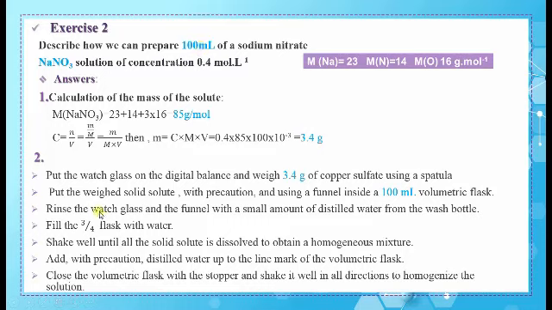Rinse the watch glass and the funnel with a small amount of distilled water from the wash bottle. Fill 3/4 of the flask with water. Shake well until all the solid solute is dissolved to obtain a homogeneous mixture. Add with precaution distilled water up to the line mark. Close the volumetric flask with the stopper and shake it well in all directions to homogenize the solution.